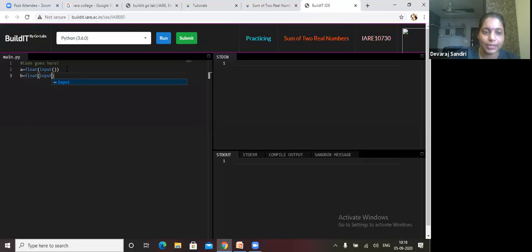We'll ask the input from our user, and we will get the output C is equal to A plus B, and we are printing our output.